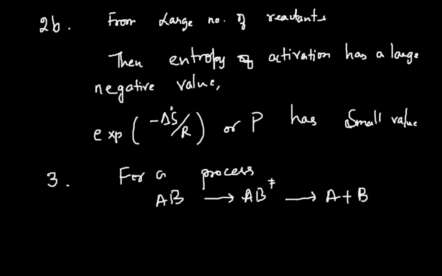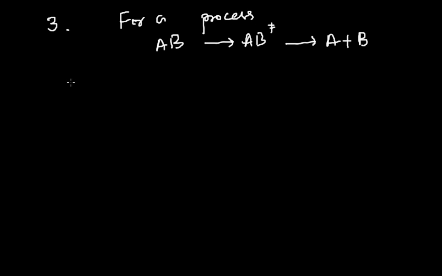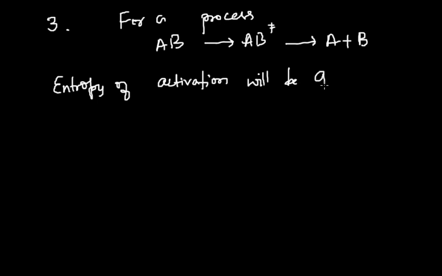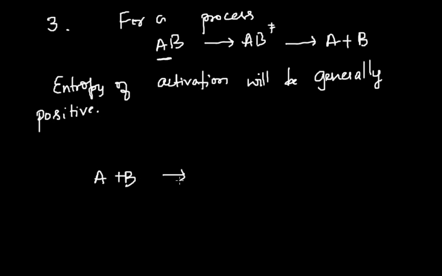So entropy of activation will generally be positive, since the activated complex will most likely have acquired some disorder, which eventually results in total breakdown of A and B. So essentially entropy of activation for this particular thing will be positive, while for A plus B giving one activated complex X, here the entropy of activation will be negative.